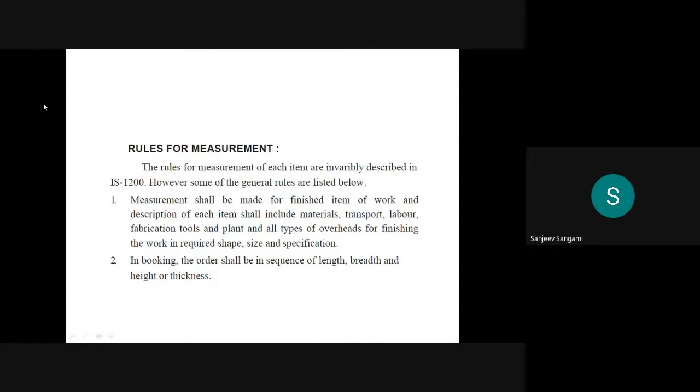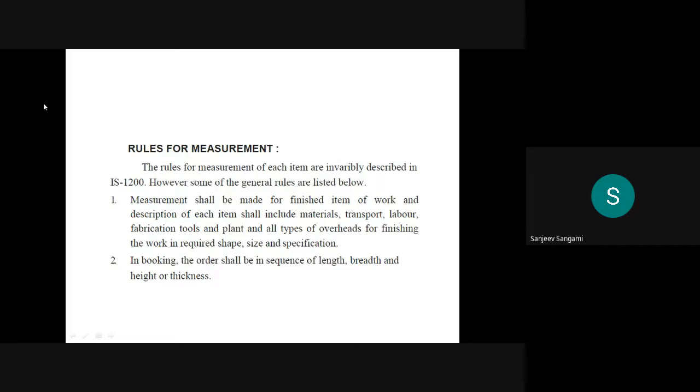First, measurement shall be made for the finished item of work, and the description of each item shall include materials, transport, labor, fabrication, tools, plant, and all types of overheads for finishing the work in the required shape, size, and specifications. Because you have to include all the things that are there. That is the overall meaning of this sentence.